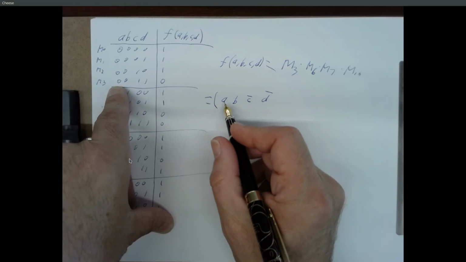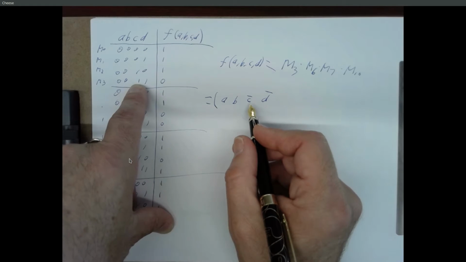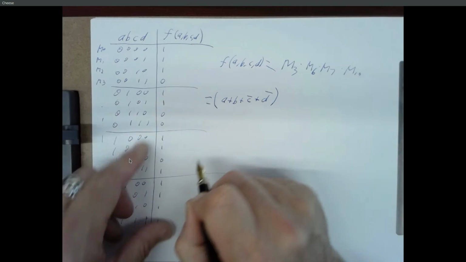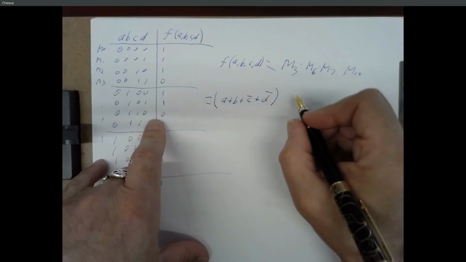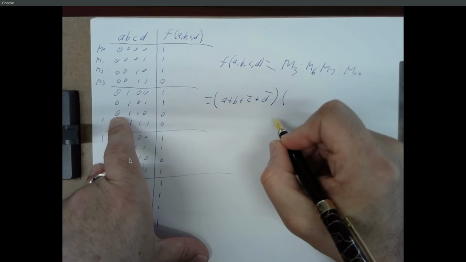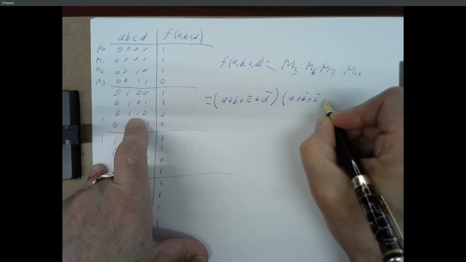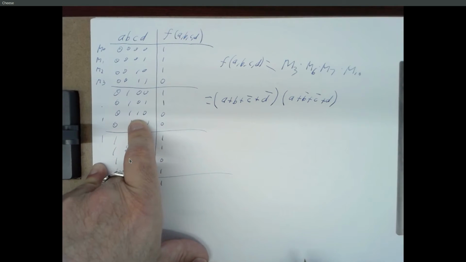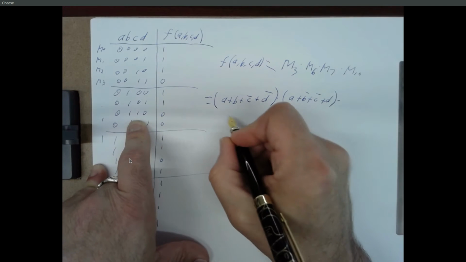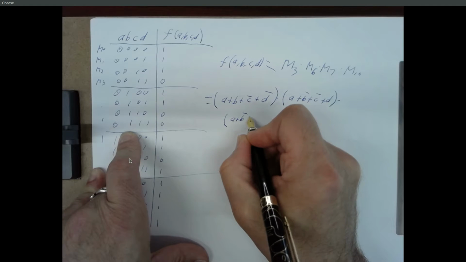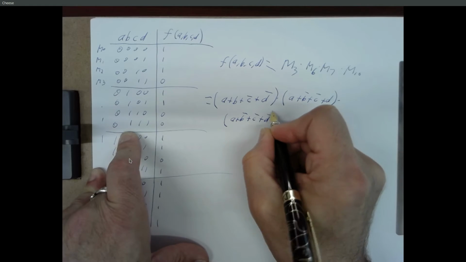If it's a 0, it's the variable. If it's a 1, it's complemented. And then we're going to OR those together. So these are sum terms. For M6, A, B bar, C bar, D. And those get multiplied together. M7, A, B bar, C bar, D bar.